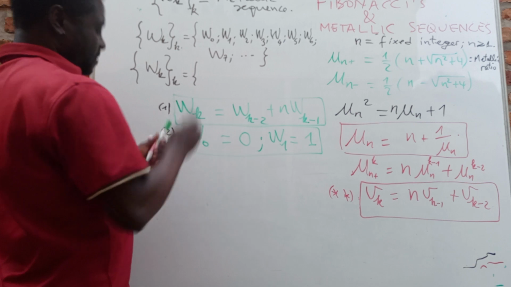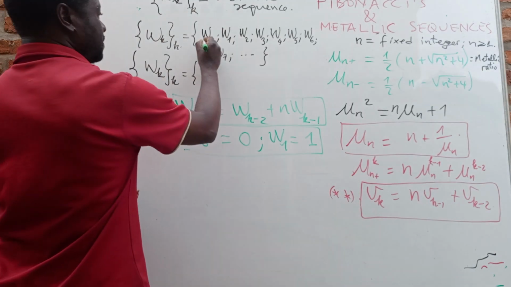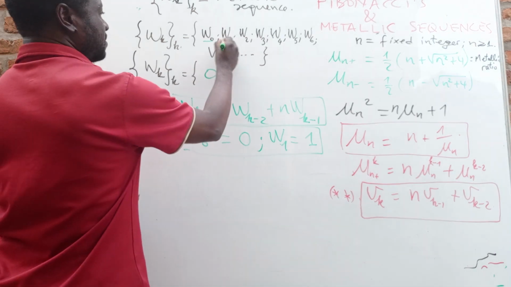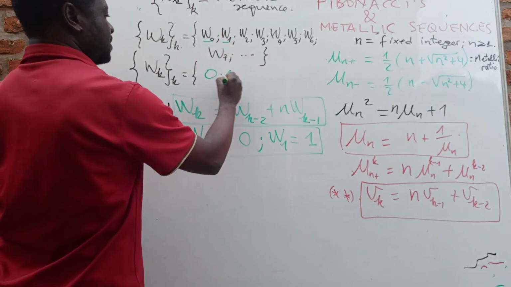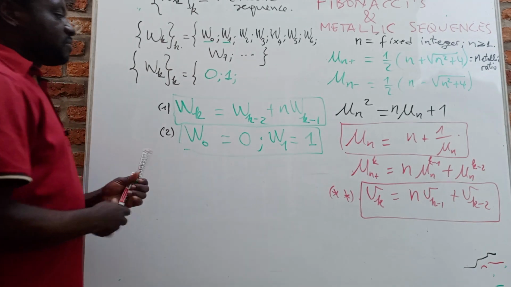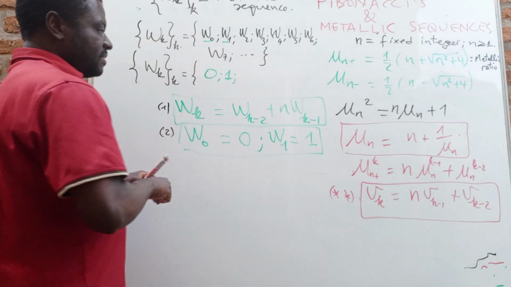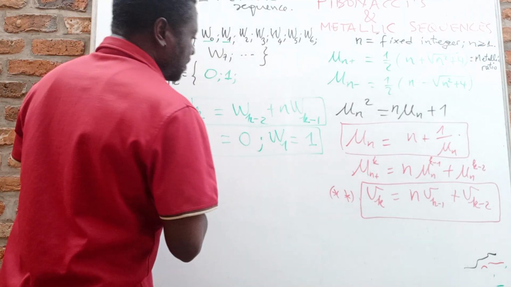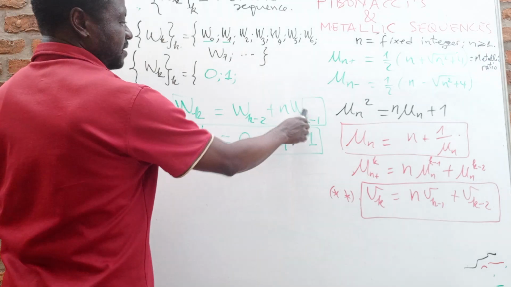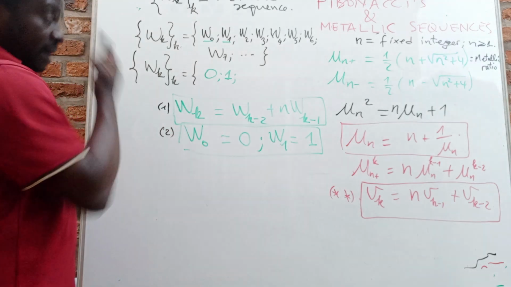So the first one is 0, and the second one is 1. Now others are going to be determined by using this recursive relation.